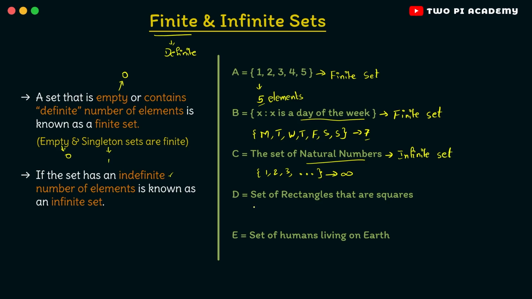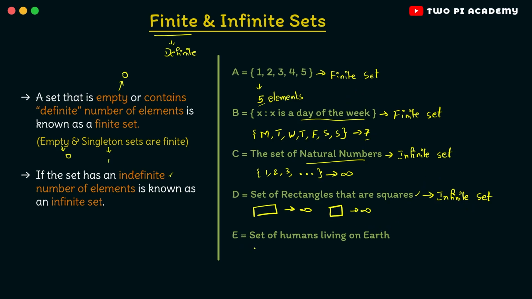And then the set of rectangles that are squares. Now if you consider rectangles, then there are clearly infinitely many rectangles, right? And out of them, how many will be squares? They will also be infinite, right? You can't get a definite number of squares that are possible. So therefore clearly this is an infinite set. So this is how you find whether a set is finite or infinite.